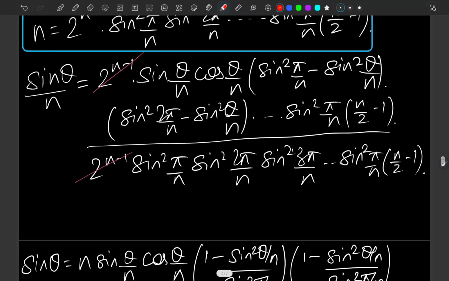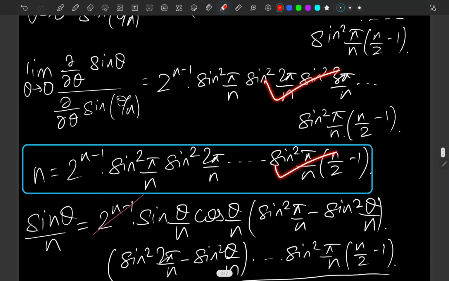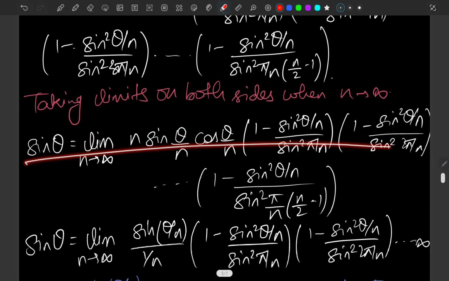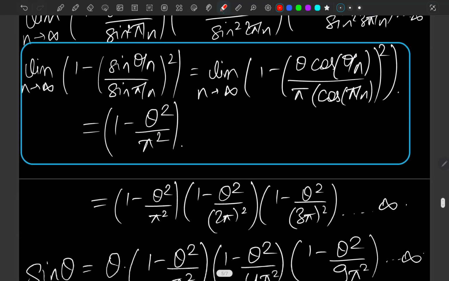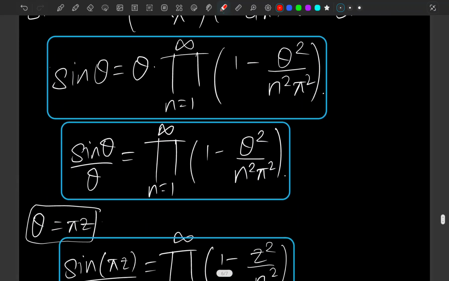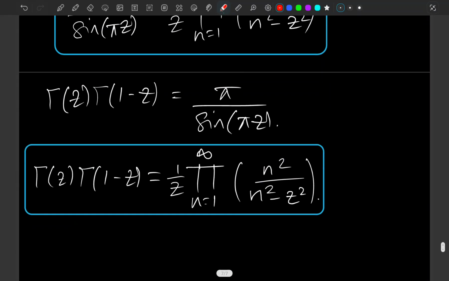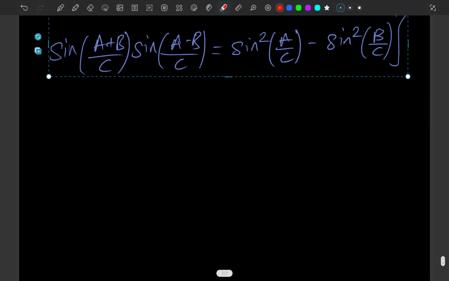And then we divided these two things with each other, this one and then this one. And then we took limits when n tends to infinity, we solved some limits, and then we were good to go with our final result, that is this one. And then we played some game with this result that we got here. I think I should prove that here, the thing I am looking for.